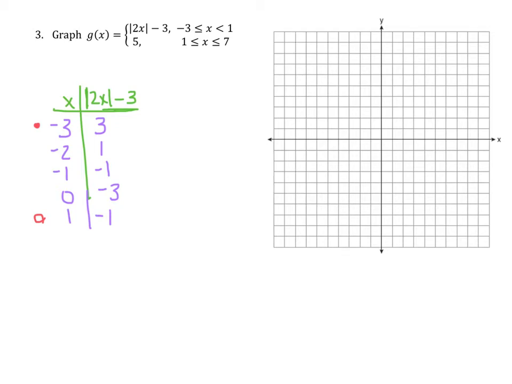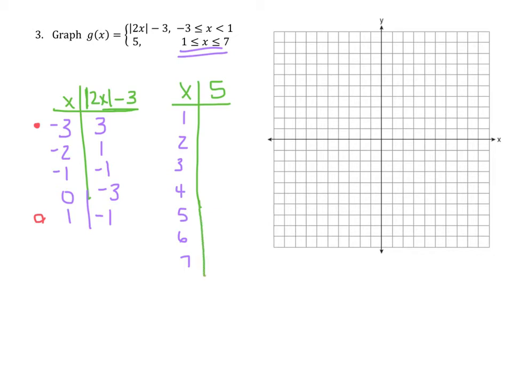Okay, the second rule, or formula: I have x in the left-hand column, and my y value is simply 5. And what x's am I filling in for this one? Well, that would be from 1 to 7. So 1, 2, 3, 4, 5, 6, 7. Now you might not need to fill all of those in.